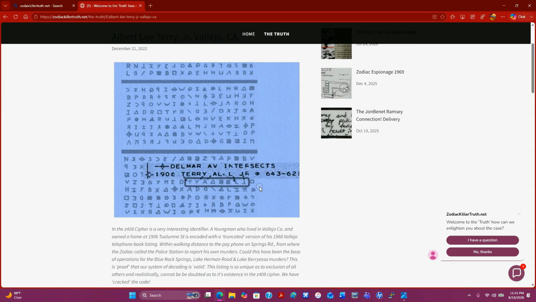In Vallejo, in a 1968 version of the telephone book that we found from an archives that we got off of a link that was on the Zodiac sub on Reddit, which is really hilarious. Downloaded it, right?